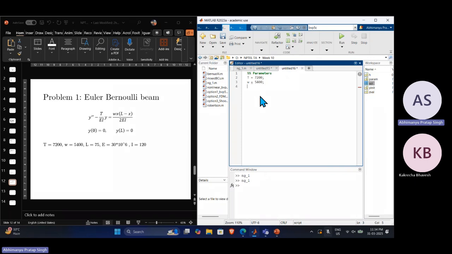W is equal to 5400. L is equal to 75. E is equal to 30 times 10 to the power 6. And I is equal to 120.